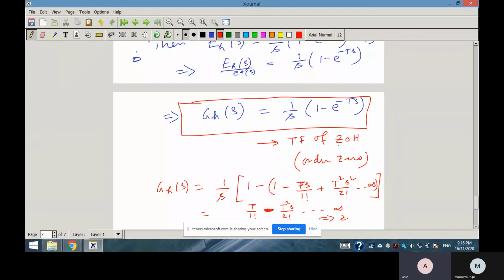This means it is zero order. No numerator polynomial is there.